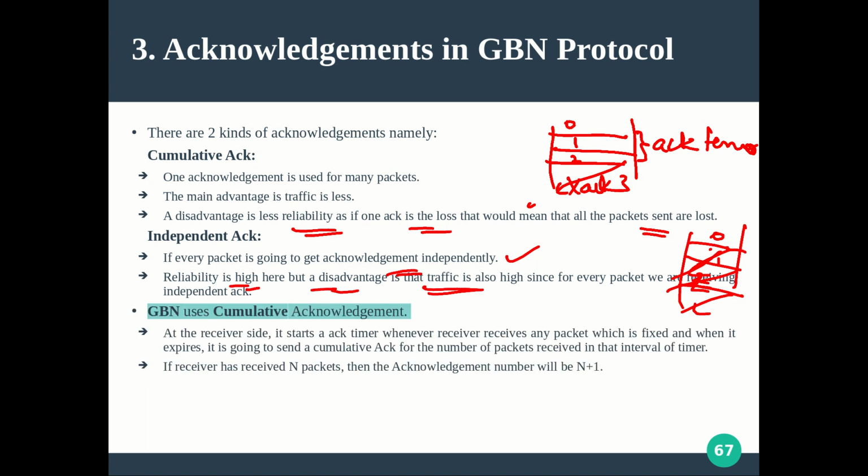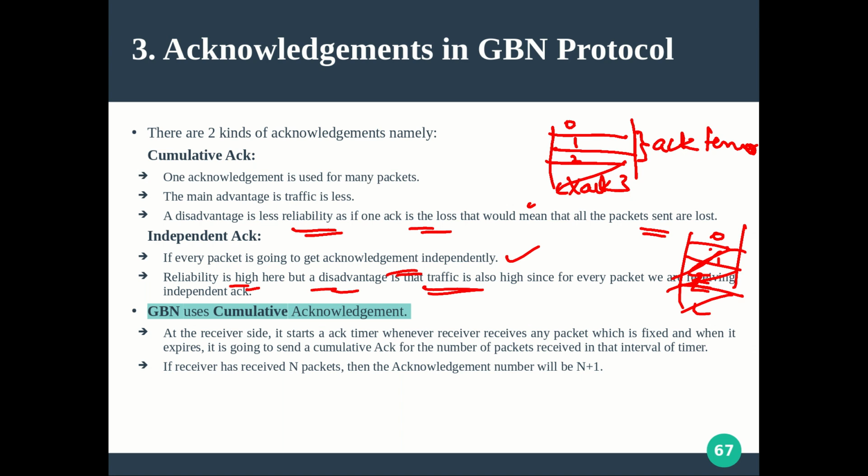If you look at Go-Back-N, it mainly uses cumulative acknowledgement, but Selective Repeat prefers independent acknowledgement, because as we already saw, I gave you a comparison in the previous video, just watch that. Selective Repeat is found to be better, but complex and costly. So definitely we are ready to spend that cost, and we have a perfect algorithm.